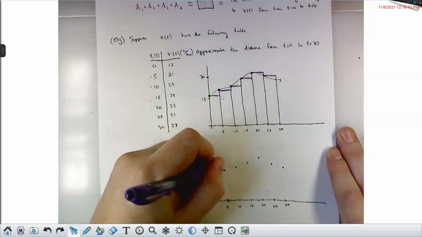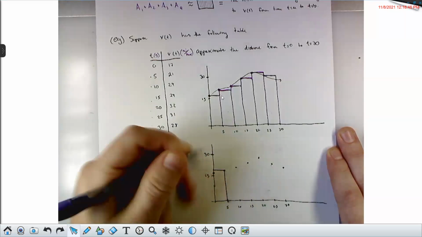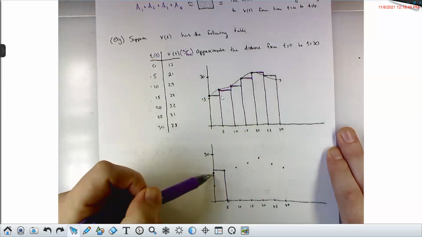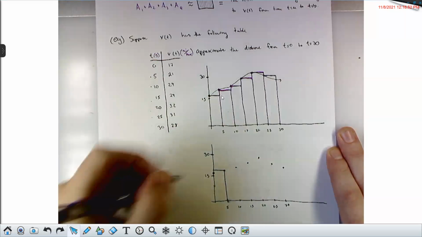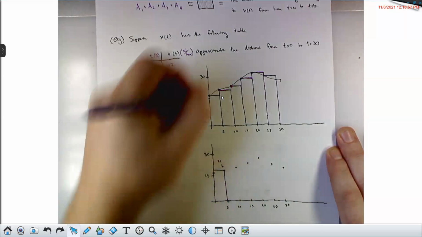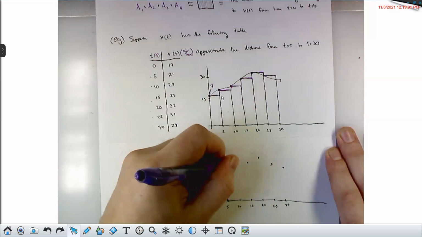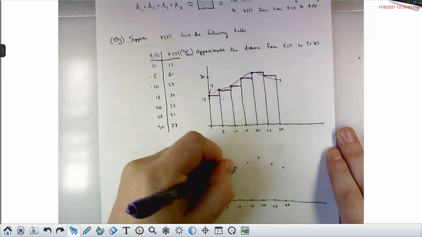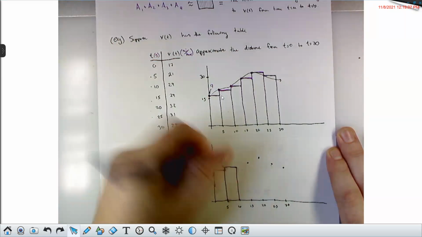The height of that first rectangle in the right endpoint picture is larger. So here is 17, right? If we're using right endpoints, that first rectangle has height 21, whereas here, that first rectangle has height 17. So that is how the left versus right endpoints change things for this particular problem.